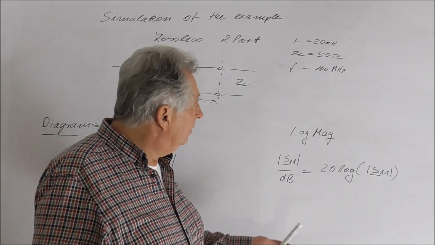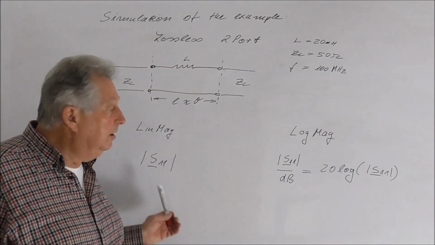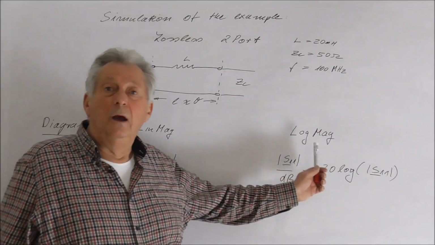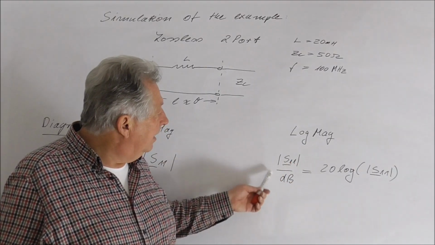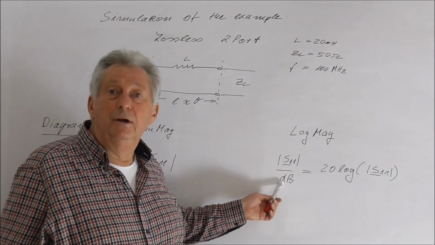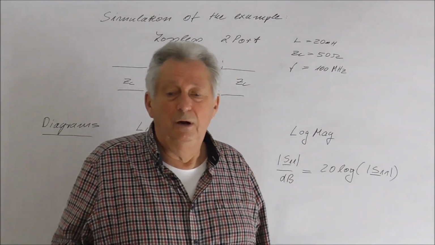Due to this physical view I say I can display S11 in a linear scale, or I can display S11 in a logarithmic scale, and then we say S11 is given in dB. And now we can start with our simulation.